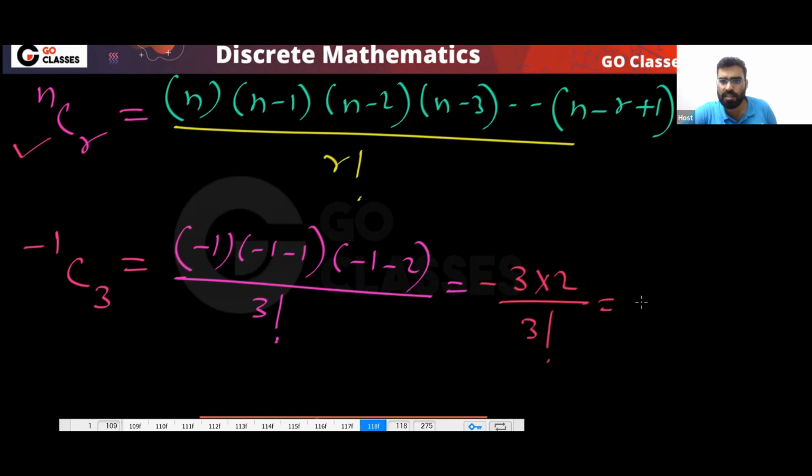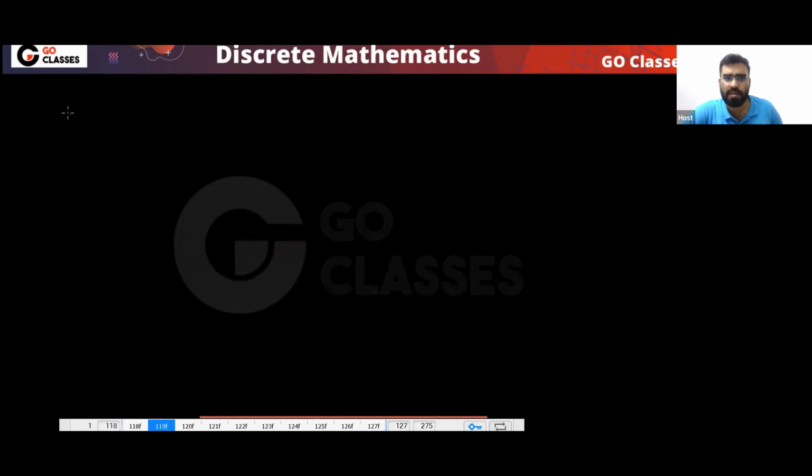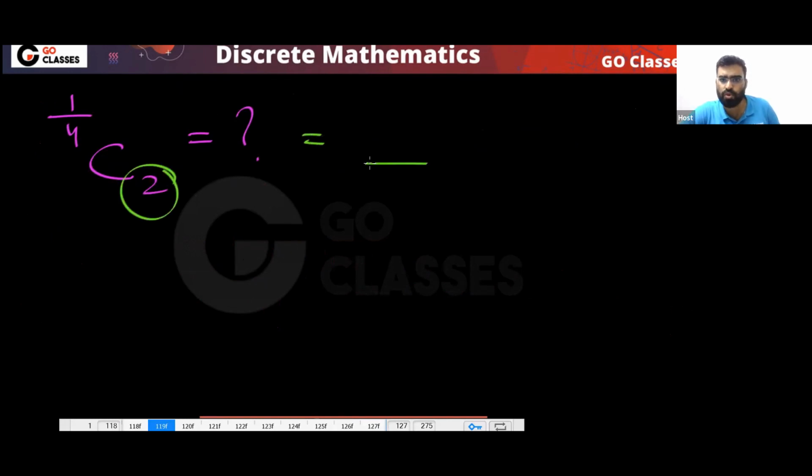So the answer will be minus 1. So minus 1 C3 is minus 1. Is this clear? Are you getting this? So can anyone try this? Half C2, what will that be? So this is 2, so 2 factorial. 2 terms we have to write.